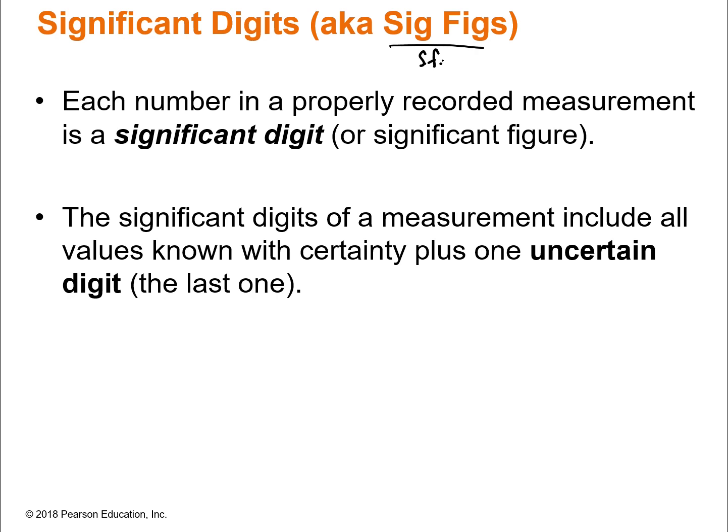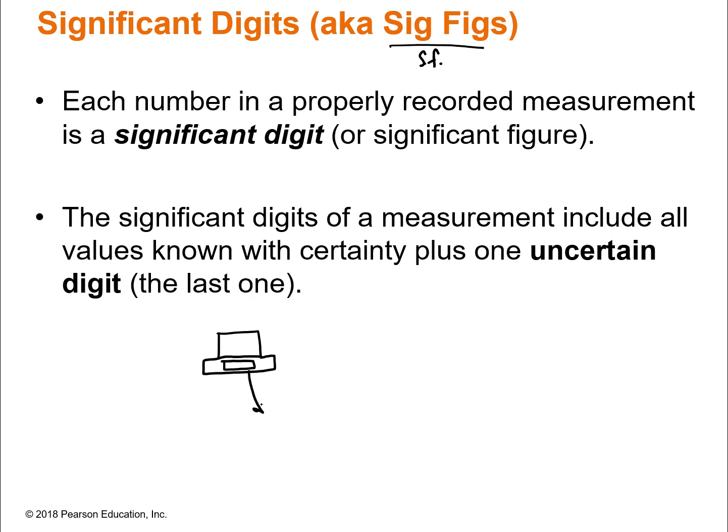sig figs include all the values of the known that you can know for sure, plus one uncertain digit. So if you have a scale with your little digital display, right?